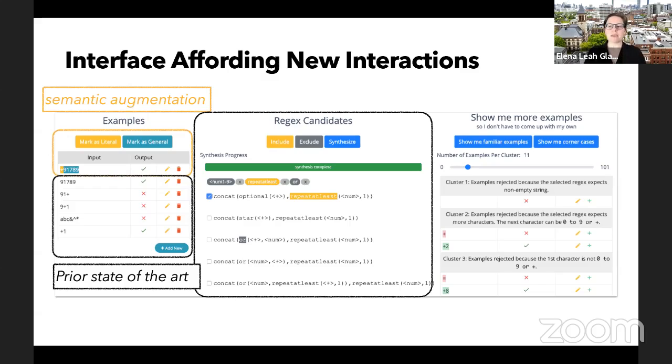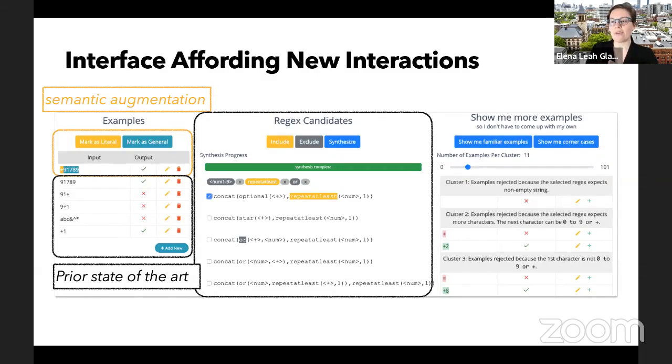And the conceptual additions that we're making here, the characteristics of our approach, are first semantic augmentation, where I can, as the user, give one example, but that is kind of a skeleton on which I can provide a little bit of extra annotation, right? I can mark as literal that plus sign in this example, and mark as general all the other numbers, right?